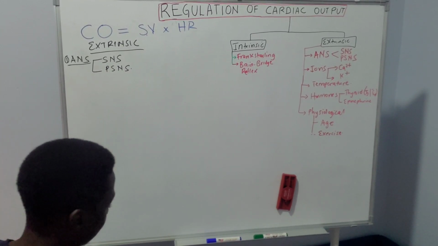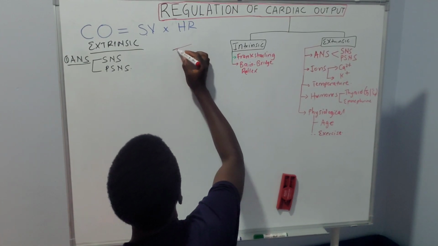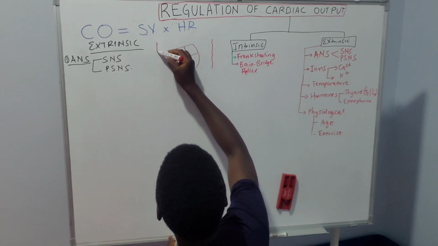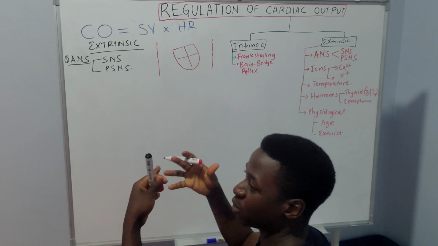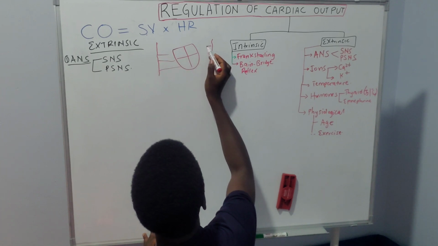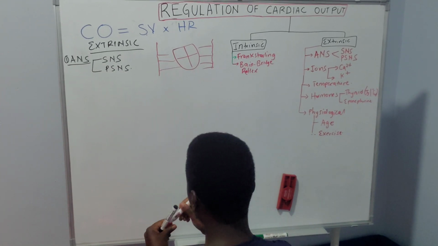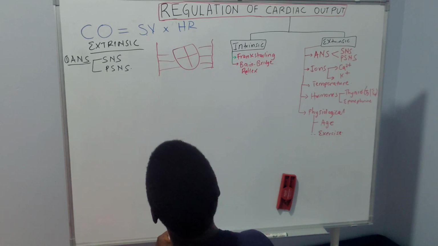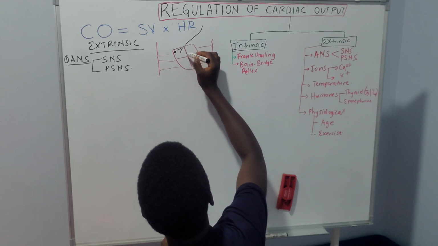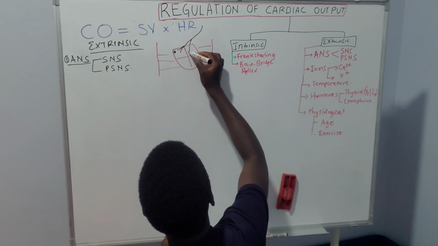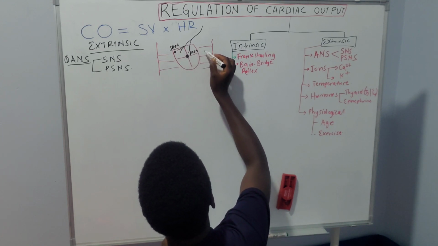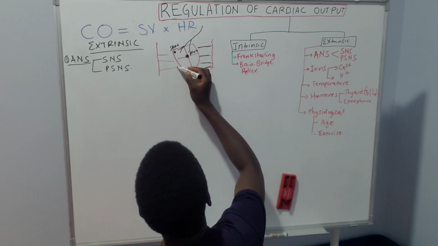If this is our heart, we have the sympathetic trunk, the sympathetic nerves that send their nerves to the heart, and then we have the parasympathetic that comes through the vagus nerve. They primarily run most distributed around the SA node and the AV node, and the rest are the sympathetic nerves.